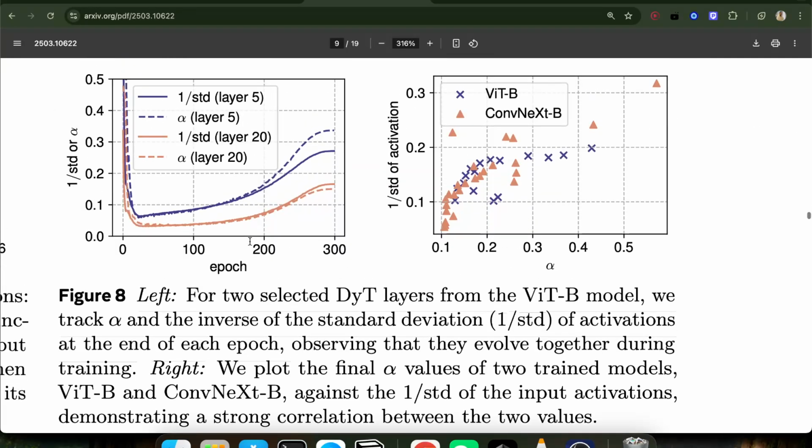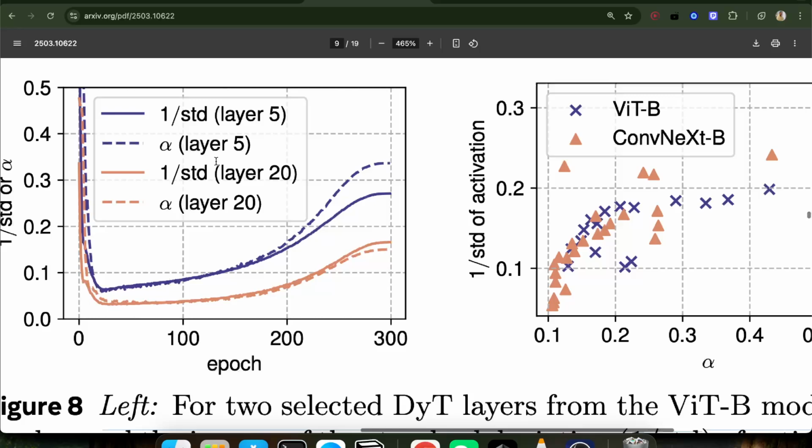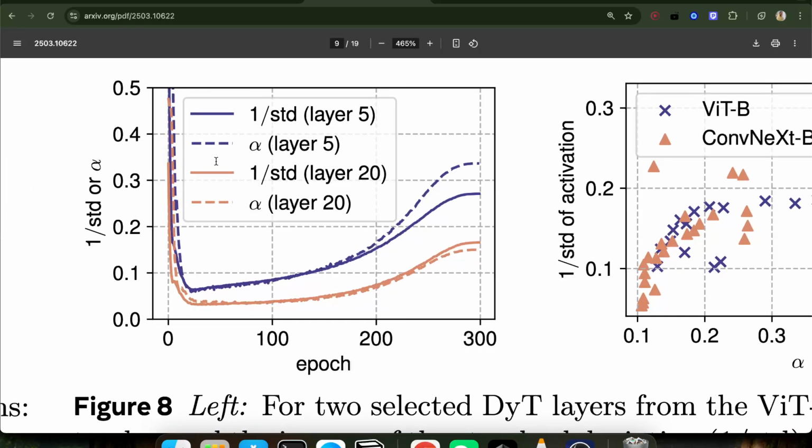This is an interesting finding. If you see here, during the training, the vectors that this tanh is normalizing, the numbers in them change in each layer. So if you plot alpha versus 1 over standard deviation, they get that these lines, these values are very similar, which is a very interesting finding.